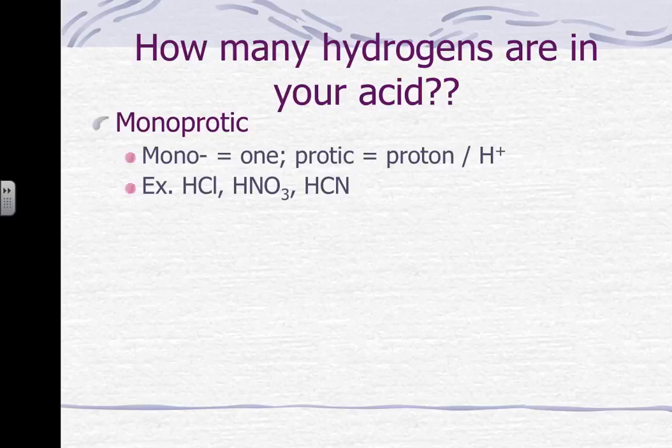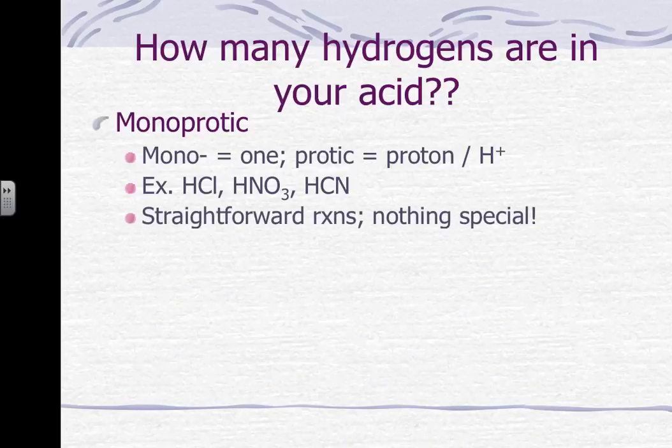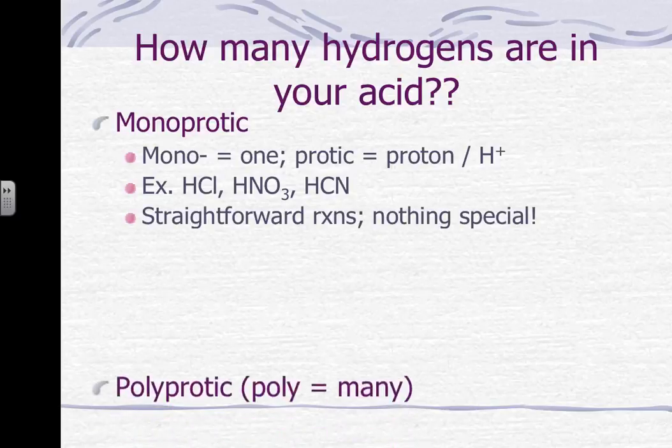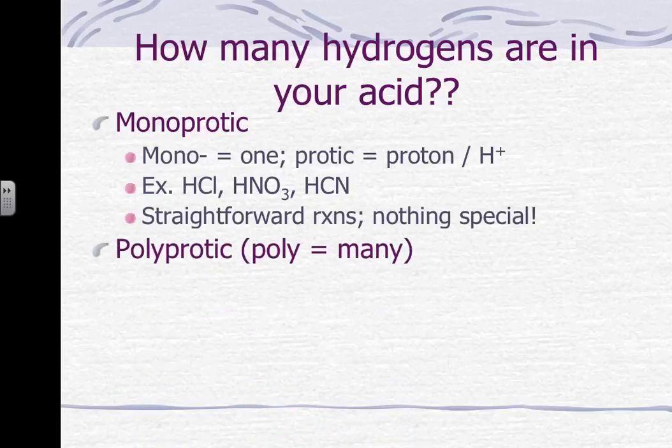All right. So then once you move past monoprotic, you move into what's called a polyprotic acid. So poly, the prefix means many. So when you start talking about polyprotic acids, we are talking about not, of course, monoprotic, but something that has more than one proton. And then FYI, the bullet point here that I forgot, straightforward reactions, nothing special.